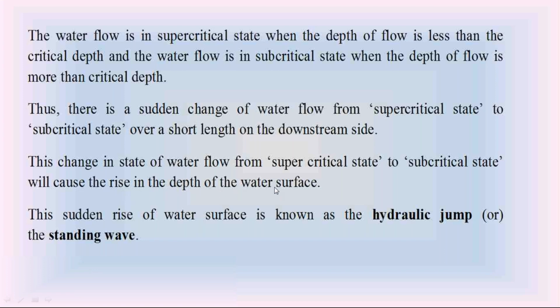This rise in the depth of water over a short length of channel, when the flow is changing from supercritical condition to subcritical condition, that sudden rise in the water level is called the hydraulic jump. We also call this hydraulic jump a standing wave, another word. So at the bottom of the spillway, not only in spillways, also when the water is released from the sluice gates.